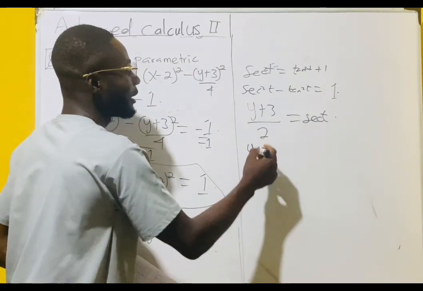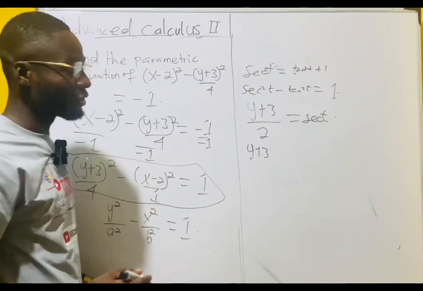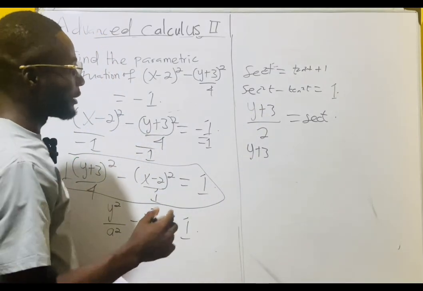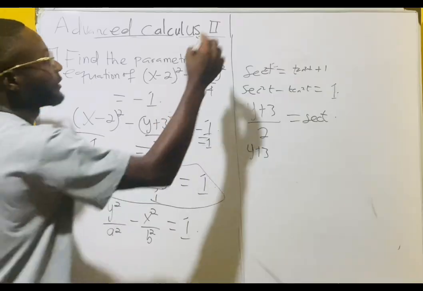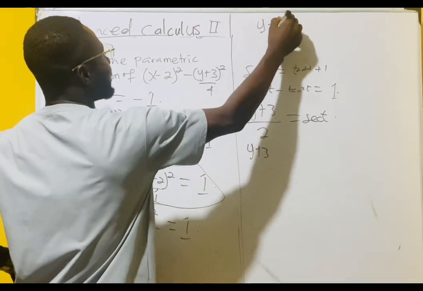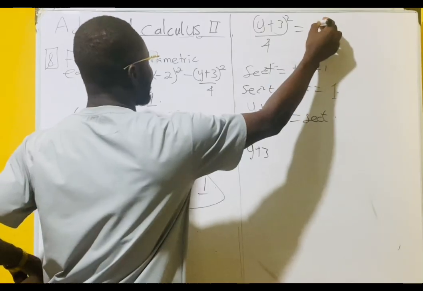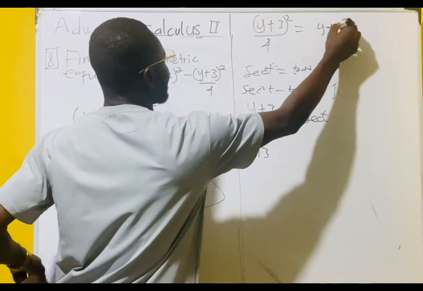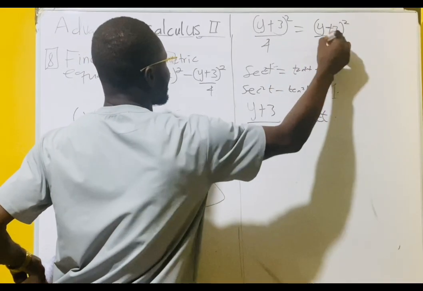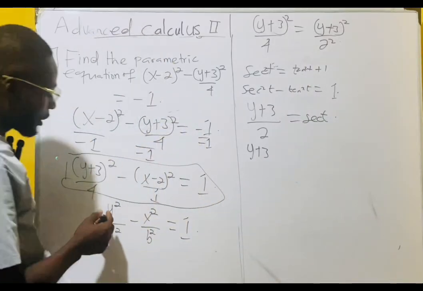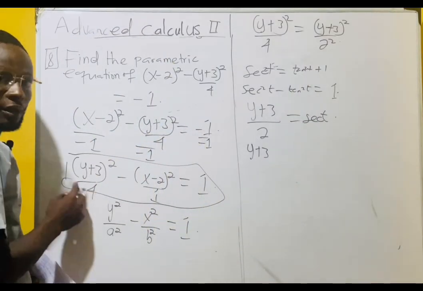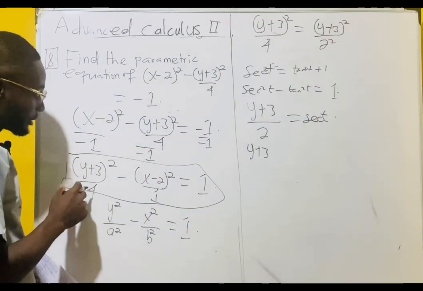I just went away with the square. This is y plus 3 all squared over 4, which is the same as y plus 3 all squared over 2 squared. And we are using the vertical hyperbola representation.